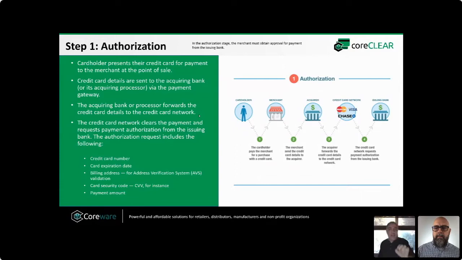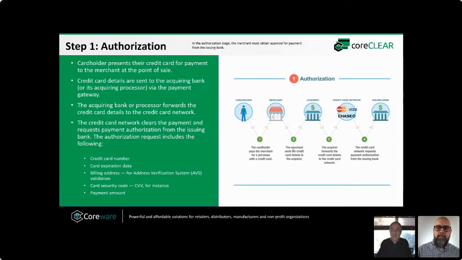So I'll just break it down a little more into these 3 steps, and most of this should now sound familiar. But the first step in terms of credit card transaction is actually the authorization, right? So the authorization, the merchant is just obtaining that approval for payment from the issuing bank, right? So this is just a little different way of looking at the steps. So again, you've got your card holder who's providing a card to the merchant.